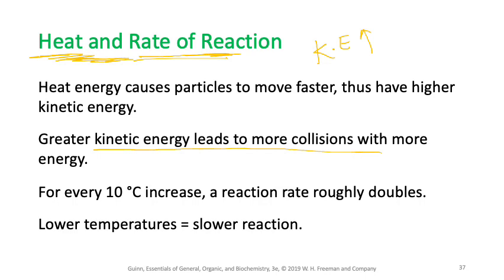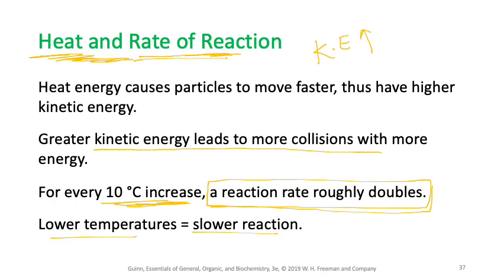Experimentally, it has been shown that every 10 degrees Celsius increase in temperature, the reaction rate normally doubles, right? And a lower temperature means a slower reaction, because the atoms don't have as much kinetic energy. They are moving slower, so they need more time before they can collide with each other, right, to travel the distance between them. So this is how heat or temperature affects the rate of a chemical reaction.